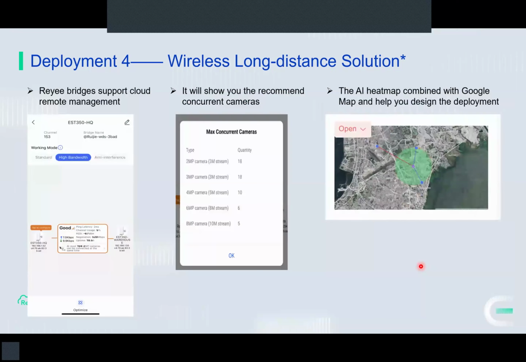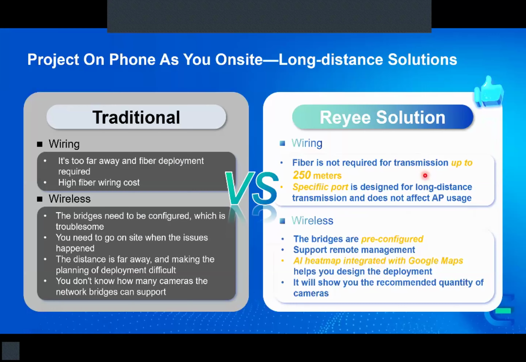The advantage for us is that our bridges also support cloud management, and it will show you how many concurrent cameras, and you also can use the heat map to do the bridge design.